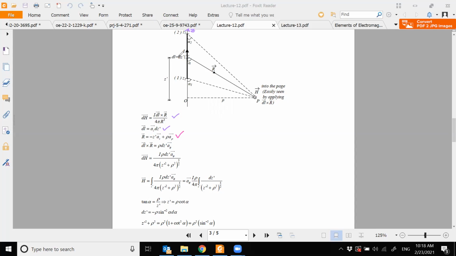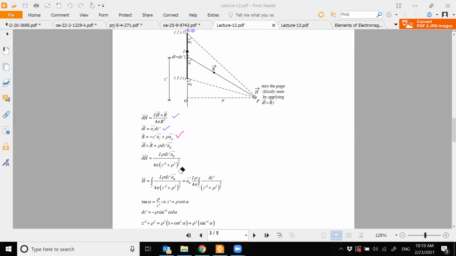So that's why I'm also using this prime. Now it's up to you, you can remove the prime. Nothing will happen. For any integration over the sources, he used the prime, like z' or rho' or d rho' or dz'. Okay, clear, Victor. So it's just the way the book does it, so that we don't get confused: the prime always represents the sources. Yes, clear.